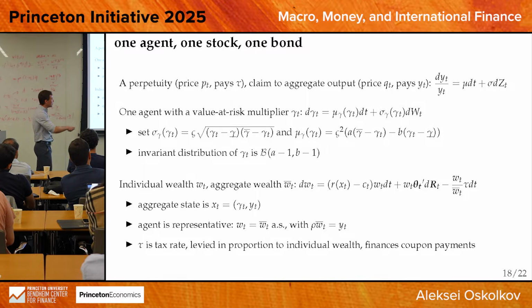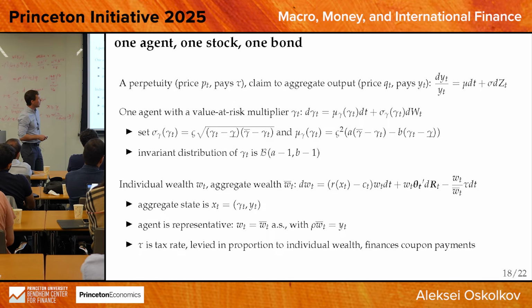The aggregate state here is two exogenous variables, no wealth shares, right? Just one agent. Two exogenous variables, gamma and y. Why is wealth not an aggregate state? Well, because it's proportional to this y, to the aggregate output, for the same reasons as before. The agent is representative, and then, yes, tau looks like a wealth tax, but is actually not once you realize that these things cancel out.